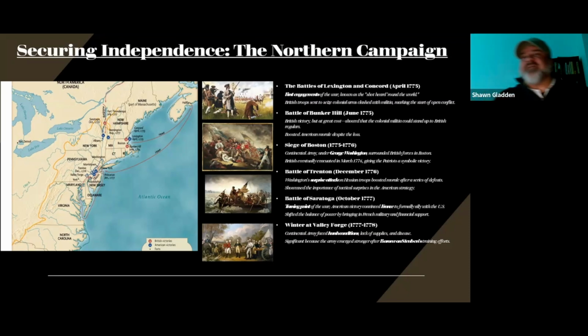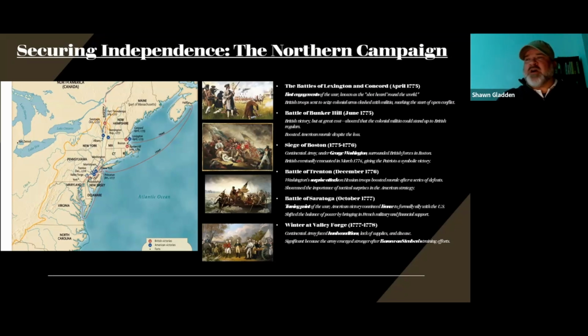This was definitely a surprise move from the British standpoint, but it completely left the southern part of this New York strategy open and exposed. And these are the precursors that lead to the Battle of Saratoga.